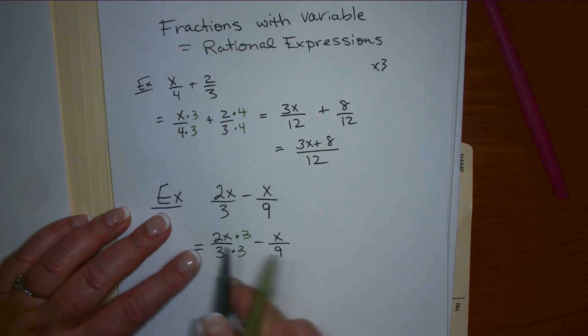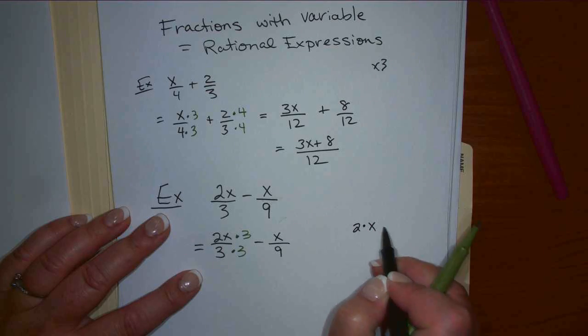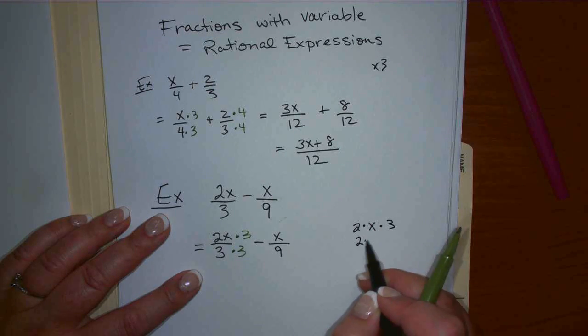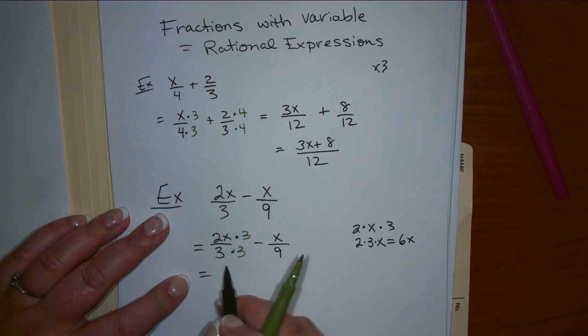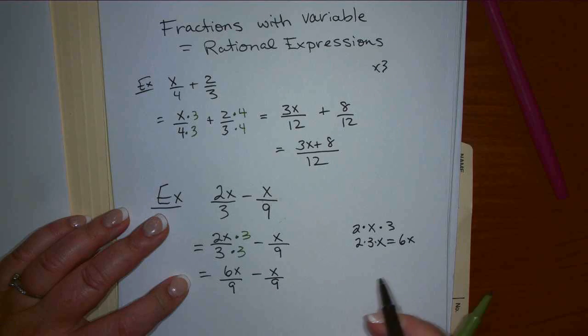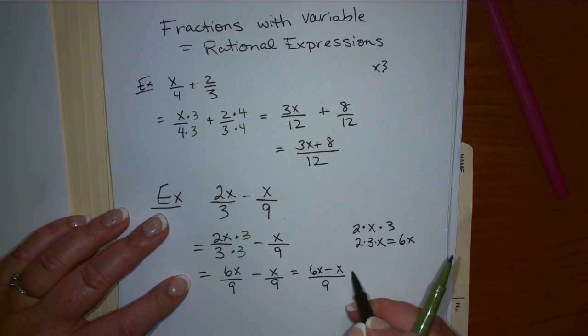Yeah, 2 times x times 3. Remember, that's 2 times x. That 2 is not attached to the x. So that is the same as 2 times 3 times x, which is 6x. So 6x minus 1x over 9 is 5x.